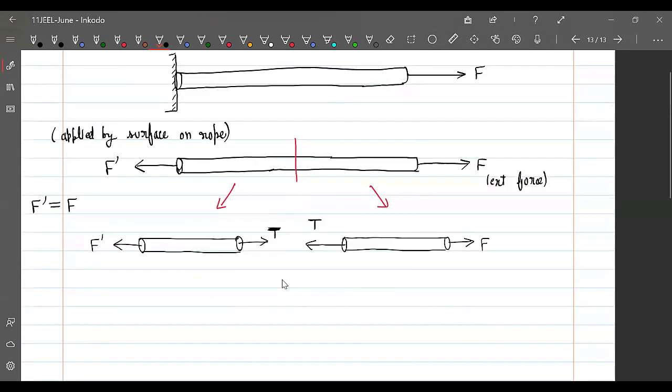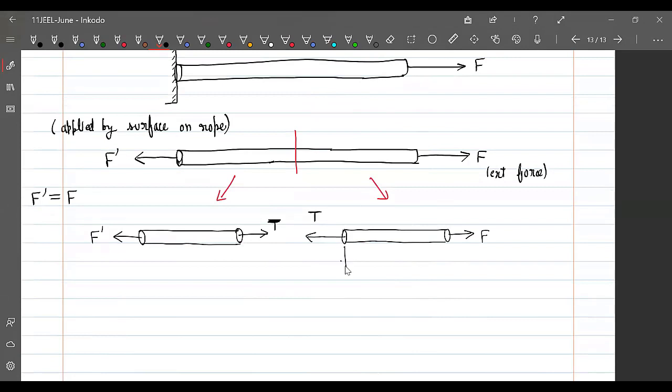Now, why does tension occur? If I zoom in on the surface, it will look something like this, and the surface is made of atoms, and atoms have intermolecular forces between them. When you try to separate them, the atoms will resist because there are bonds between them.